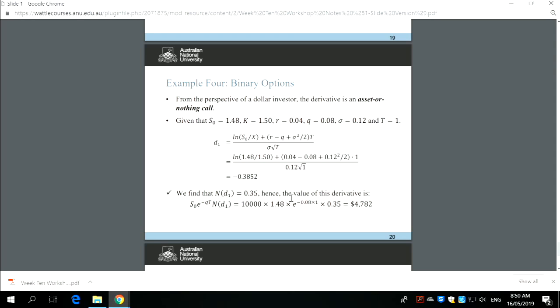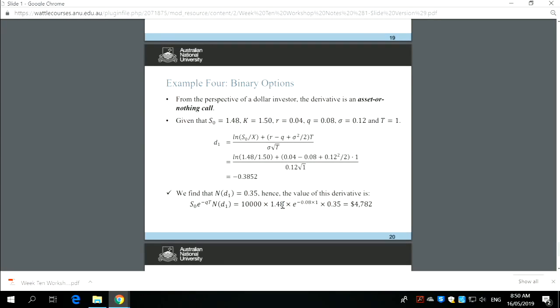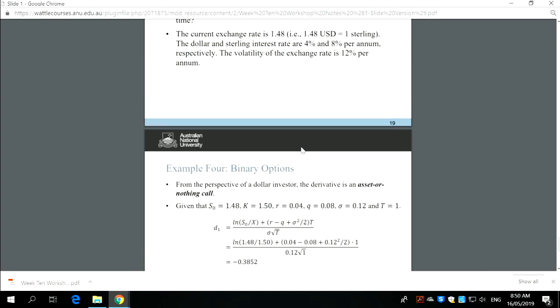Then because we're valuing this in dollar terms, read the question carefully. The question tells you that you must value this derivative in dollar terms. So we need to convert this asset using the exchange rate. The exchange rate is 1.48, that's our spot exchange rate.